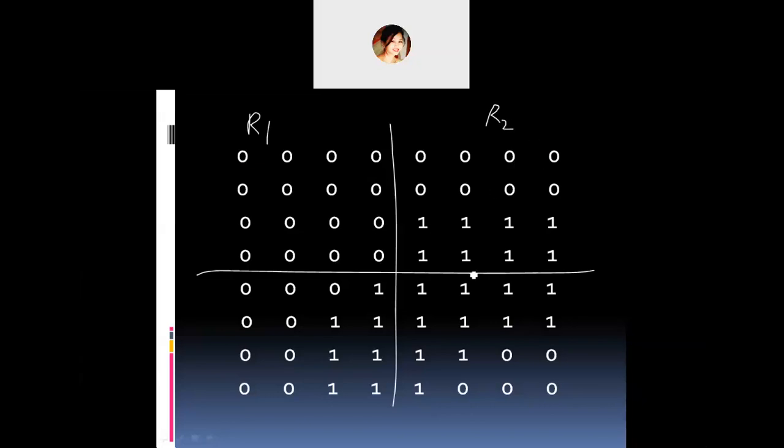So let's keep this region untouched. Go on to the second region, R2. Again you see a mixture of zeros and ones, right? So you have to split it. Now these are all zeros, these are all ones, so this won't be split again.